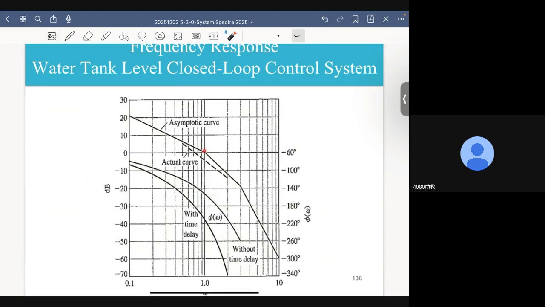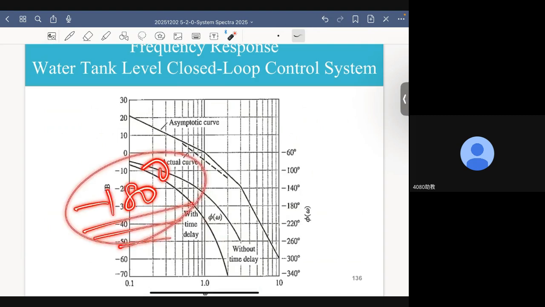As you can see, the phase margin drops by about 15 degrees, because originally this angle here is minus 20 something, and here it is almost minus 40.